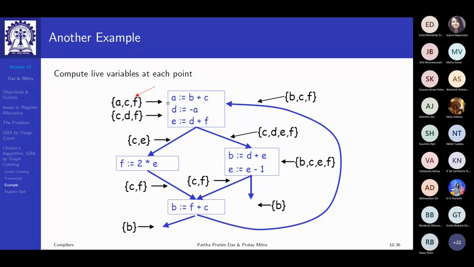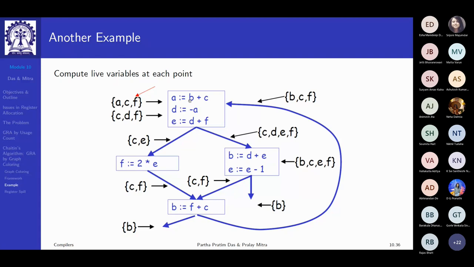Now, once we know that at the entry, BCF is live, then within the basic block, I can say that between the assignment of A and assignment of D, only ACF are live. A has become live because you have defined it and you are going to use it within the block.